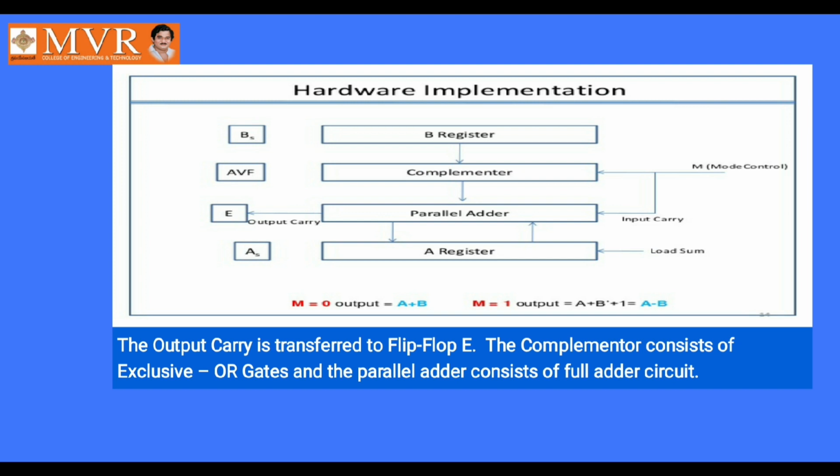So here we are using hardware in between these two, register A and register B. Two things are there: one is the complementer and the second one is the parallel adder. You can see the complementer and the parallel adder here. The complementer and parallel adder are used to perform addition. Why are we using a parallel adder and complementer?